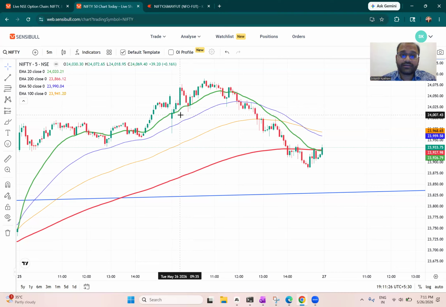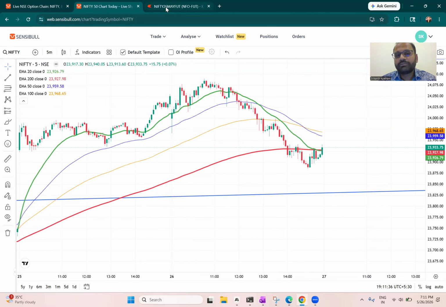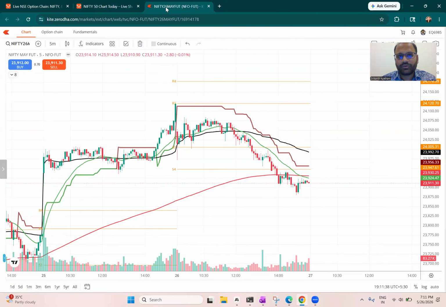But will I enter a trade because the price is above EMA 20 and EMA 200 and the OI data is also indicating bullish? I'll be a bit skeptical, because again, looking at the futures data, these are the Camarilla pivot points, and we have super trend. The black one is VWAP, then 20 EMA and 200 EMA.